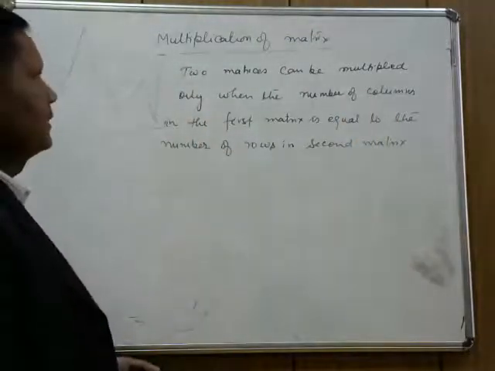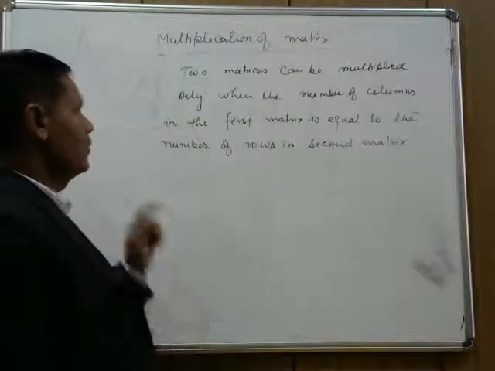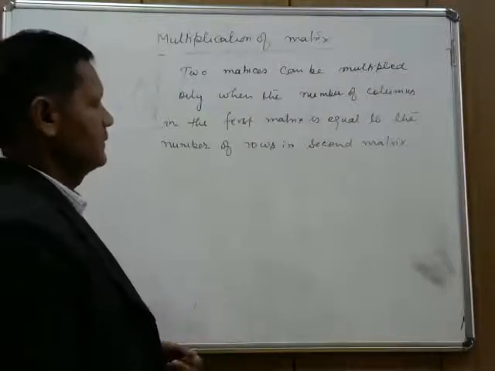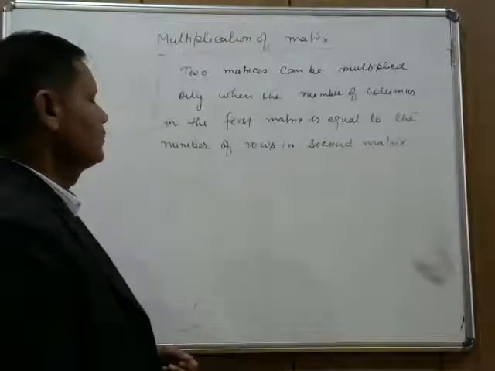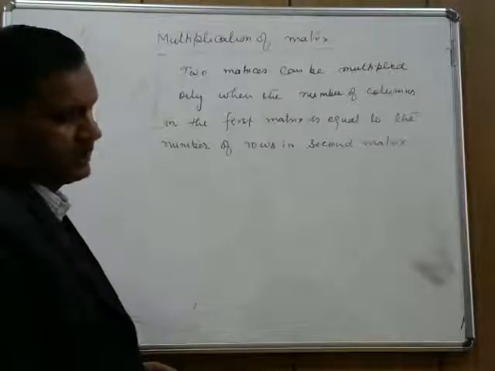Two matrices can be multiplied only when the number of columns in the first matrix is equal to the number of rows in the second matrix.